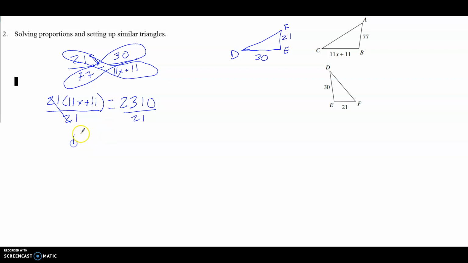So I have 11x plus 11 equals 110. And then this becomes a two-step equation. I subtract 11. So 11x equals 99. And then I divide by 11 on both sides. I get x equals 9.